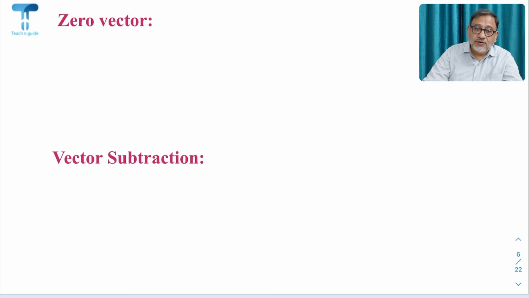So let us see now the zero vector. What is a zero vector? A vector is a zero vector if its magnitude is 0, because direction cannot be 0; direction will be somewhere.